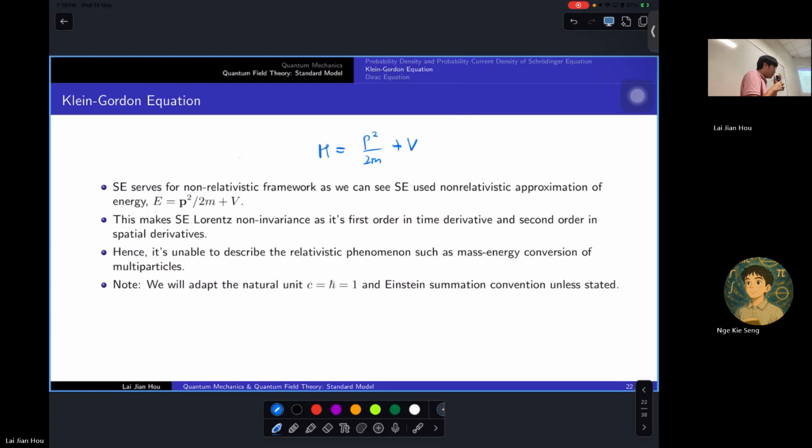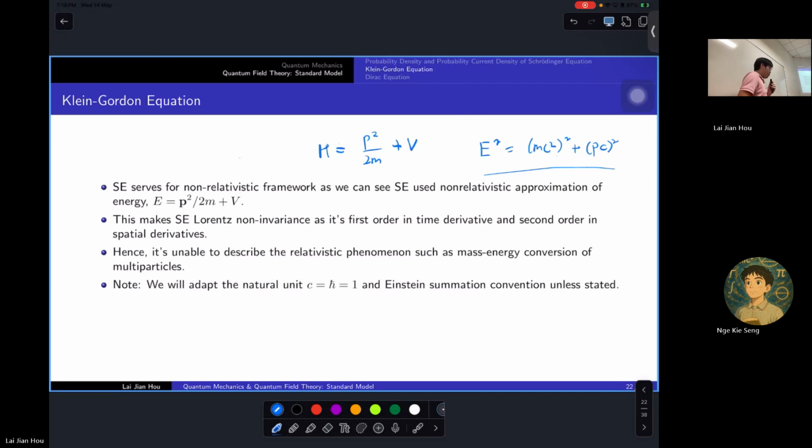In the relativistic framework, the total energy E squared in Einstein's relation is equal to m c squared plus p c squared. This is in the relativistic framework.